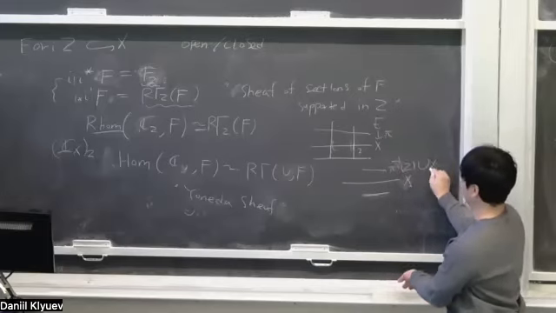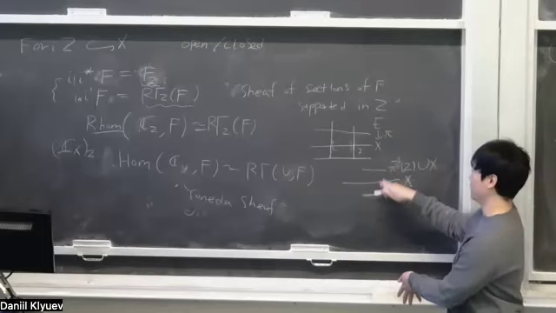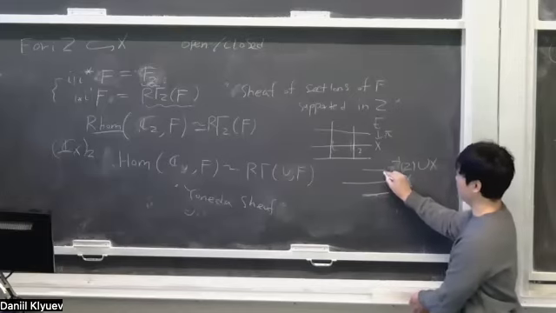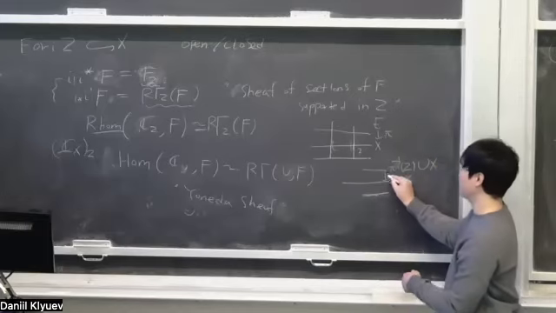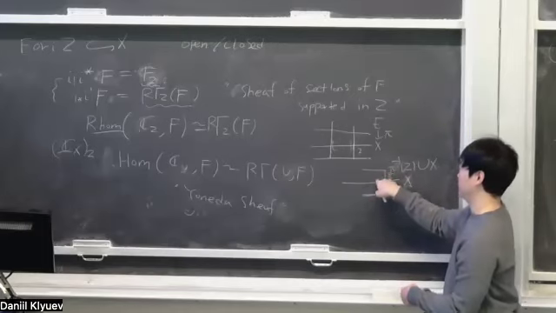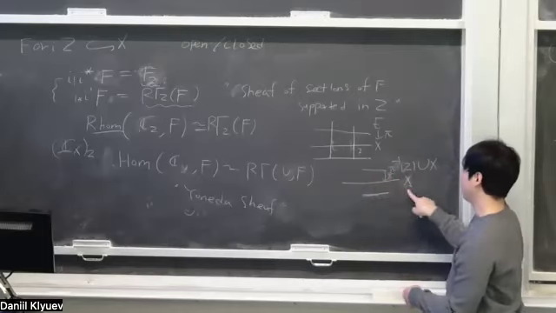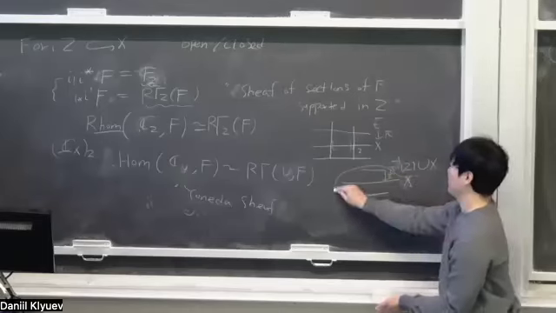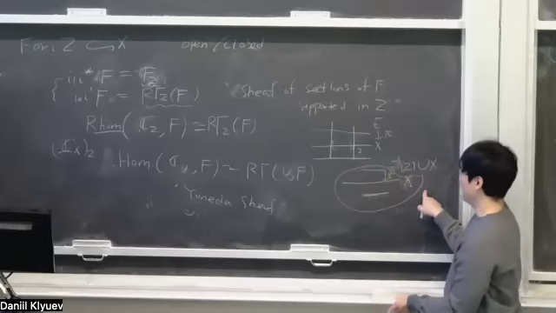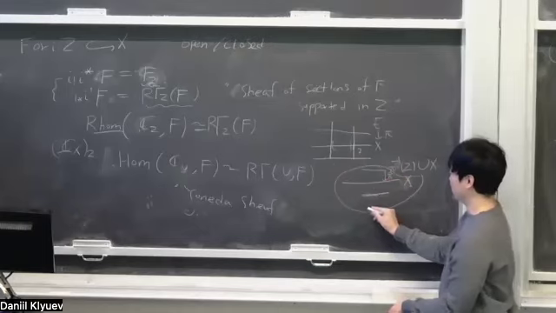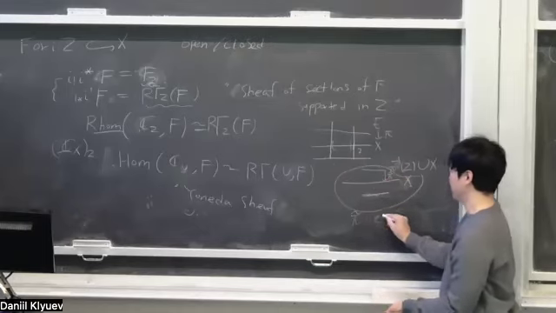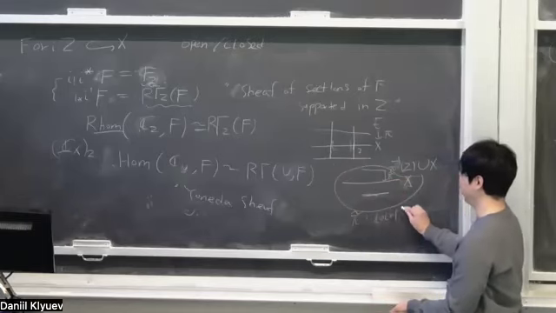Then there is a unique topology on this space that makes this natural map π tilde, which maps this to the base, with X staying as identity, a local homeomorphism.